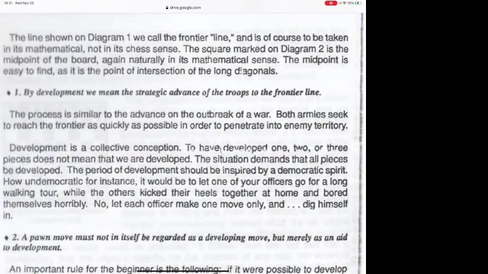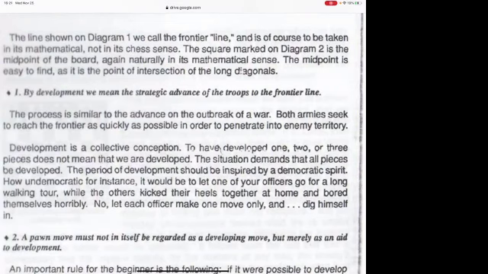How undemocratic, for instance, it would be to let one of your officers go for a long walking tour while the others kick their heels together at home and bore themselves horribly. No, let each officer make one move only and dig himself in.